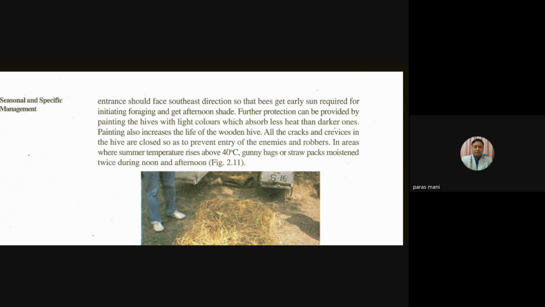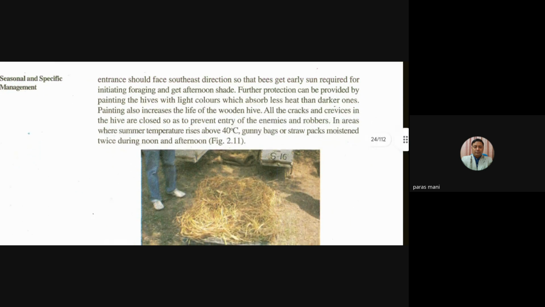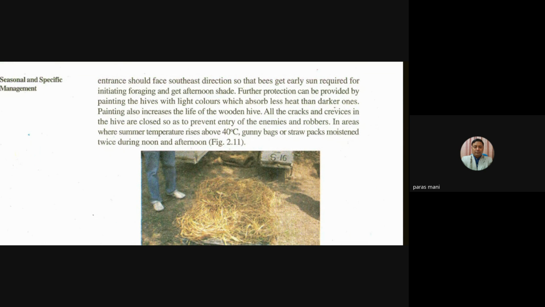And the box must be painted with very light colors like white, so that the heat of the sun will be expelled, meaning reflected.